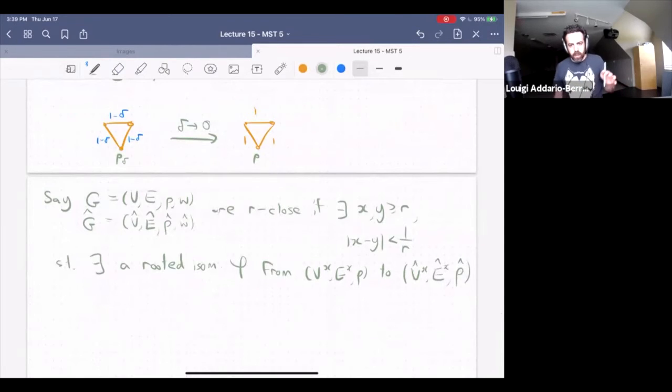The isomorphism has to exactly preserve the structure of the graph, and then it also has to approximately preserve the edge weights.